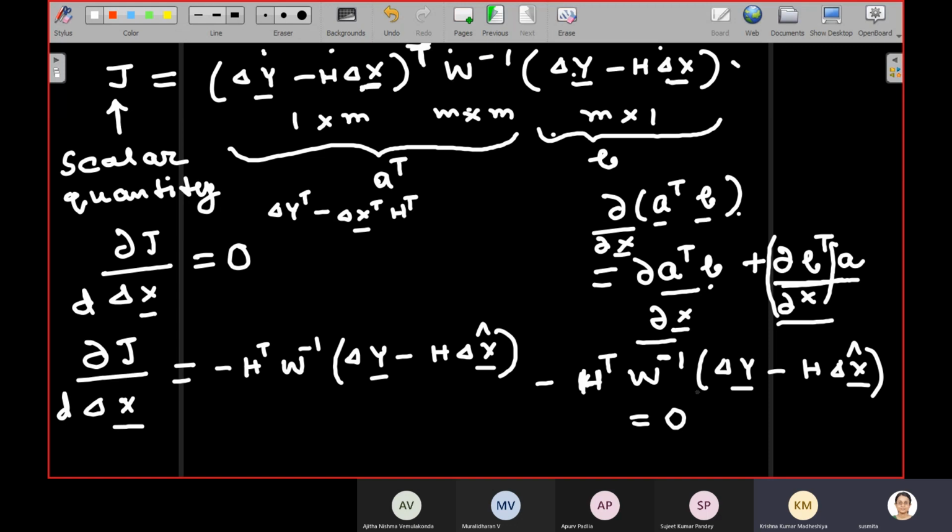Now we just need to separate the terms and arrange them properly. So we'll group all the delta x hat terms together. So basically both are the same, right?